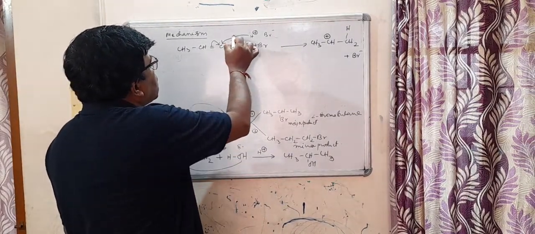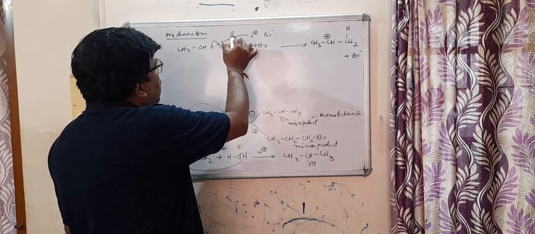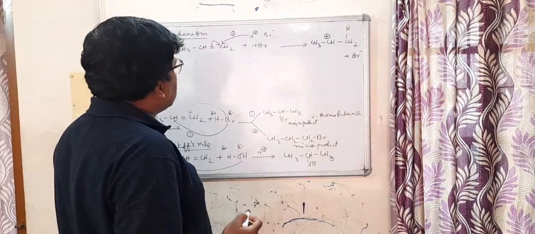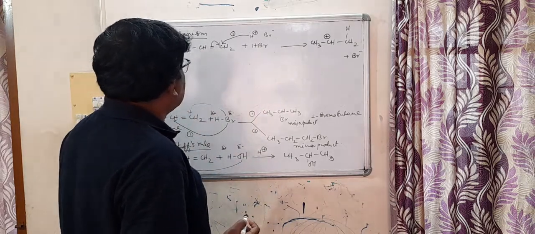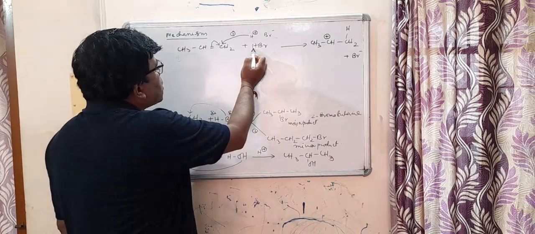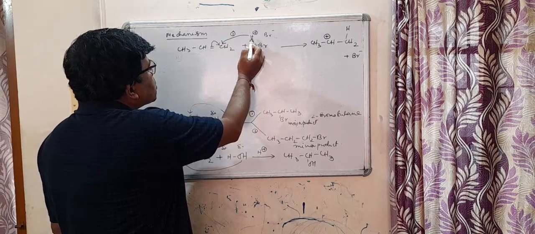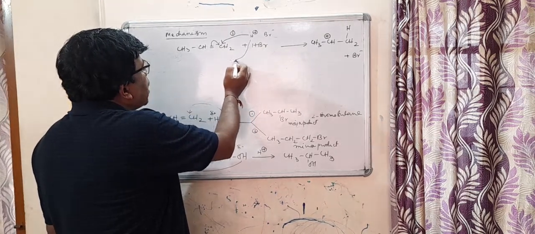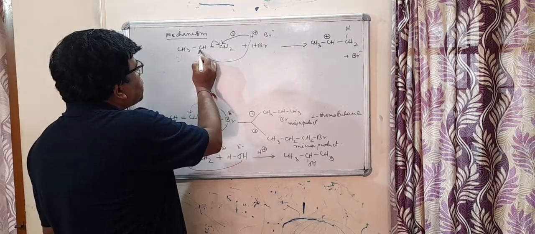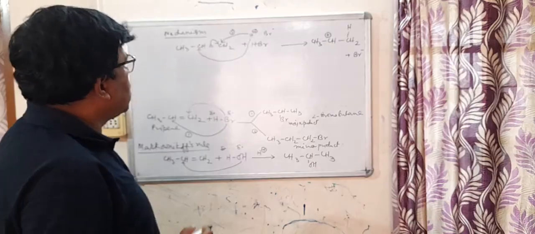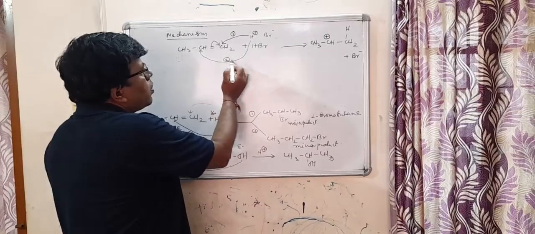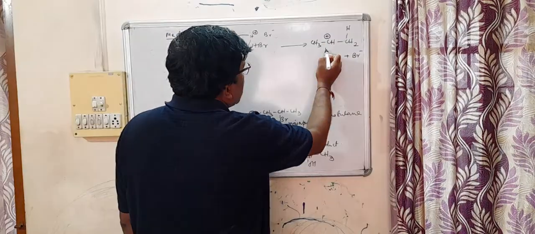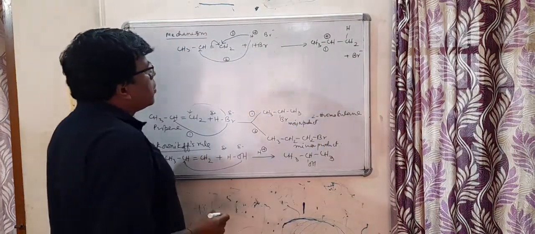Okay, now suppose this is one group. Now there is another possibility, that is, suppose this H plus is attacking here. I am writing it as possibility 2. This is possibility 1, product already written.